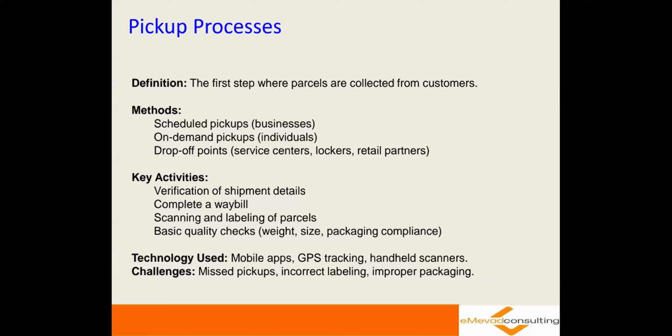You will check the address. Is the address deliverable? That's the first thing. If it's not deliverable, it must be rejected at that point. Because if it's not rejected and it goes into the system, it becomes a failure. And courier services, we measure success by the rate of failure that we have.